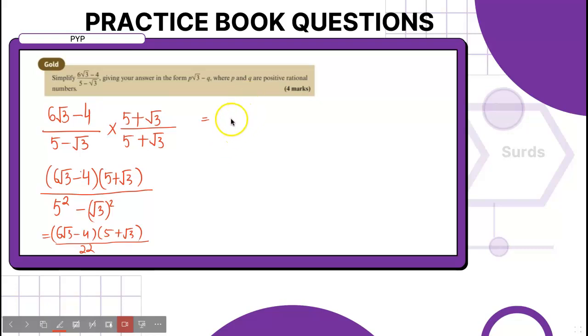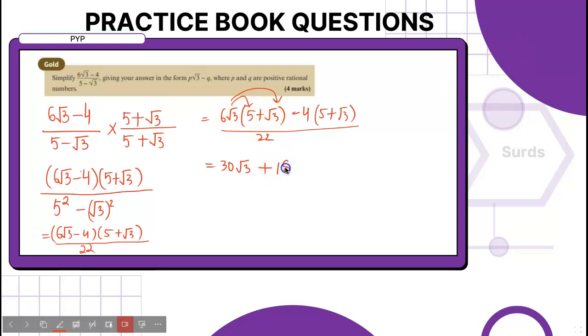Now the top is expanding, so let's expand 6 root 3 times the bracket 5 plus root 3, minus 4 times the bracket 5 plus root 3. 6 root 3 times 5 gives us 30 root 3, plus 6 root 3 times root 3: root 3 times root 3 is 3, and 6 times 3 is 18.